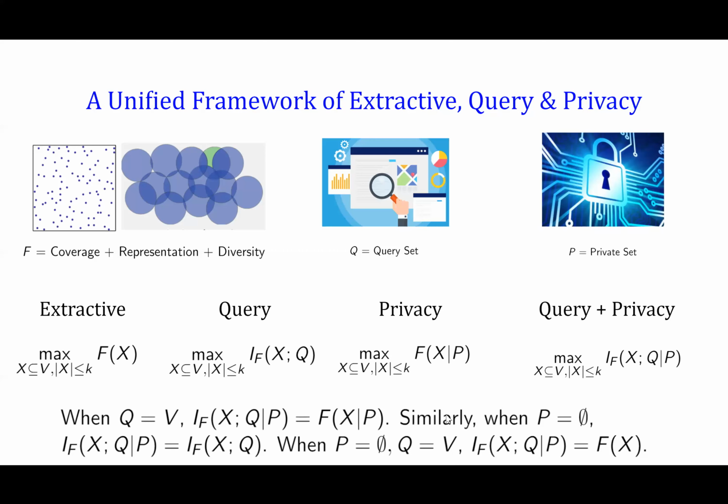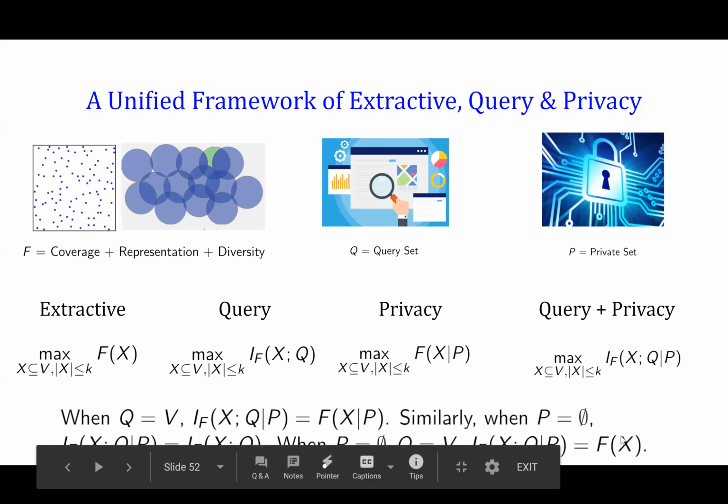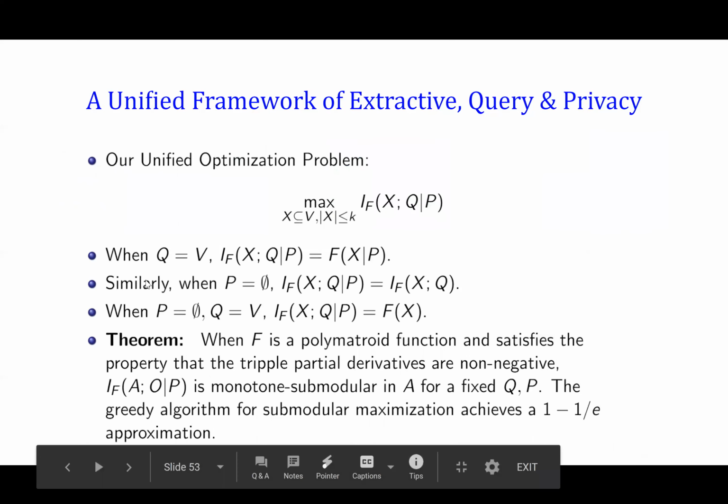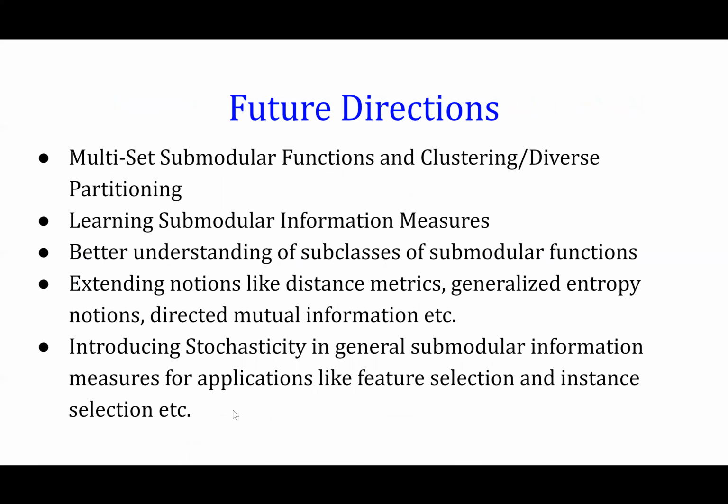And when I have neither privacy nor query, then this is exactly f(X). So I get back the extractive summarization. Essentially, this is the unified optimization problem that we care about, and we get these cases. The main result is that when f satisfies this nice property that the triple partial derivatives are non-negative, then this function is a monotone submodular function, and we can solve this with an approximation guarantee.